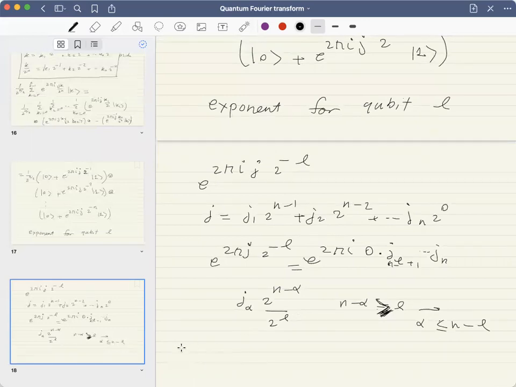So when L is equal to 1, alpha just becomes n, there's nothing else.